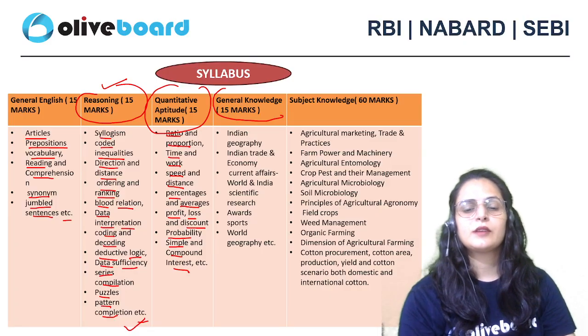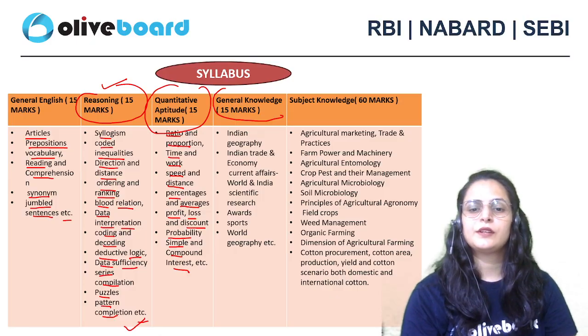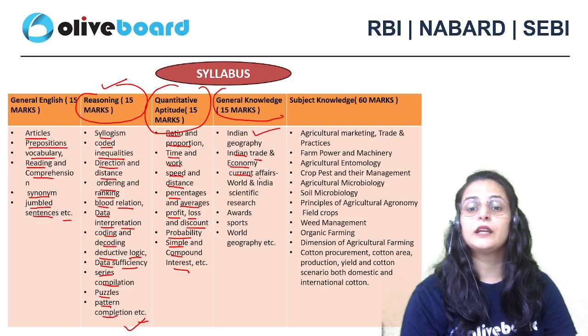Okay, so under the general knowledge portion, you have to cover Indian geography, Indian trade and economy, and current affairs. You need to cover 6 to 8 months of current affairs.